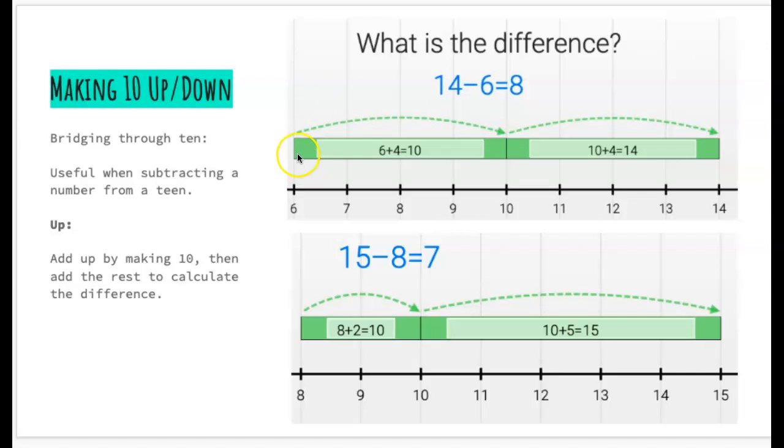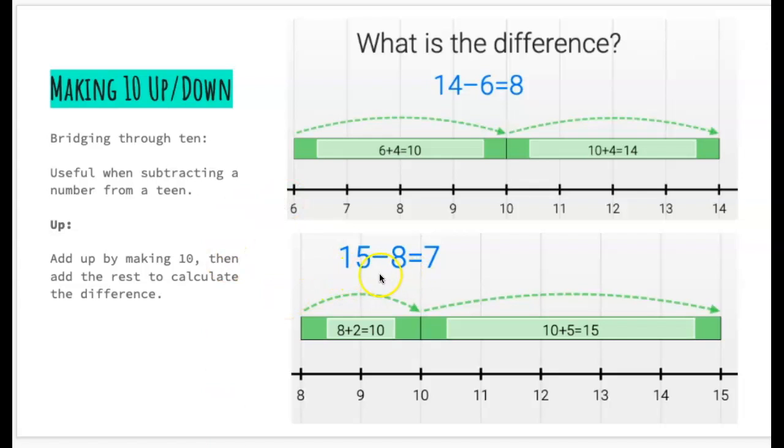If we start at 6 and we're trying to get to 14, we can first make 10 because we know that 6 and 4 makes 10, and then 10 to 14 is 4 more, and 4 plus 4 is 8. So the difference between 6 up to 14 is 8.